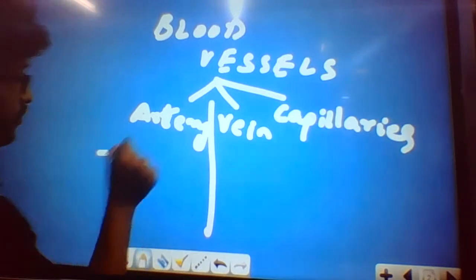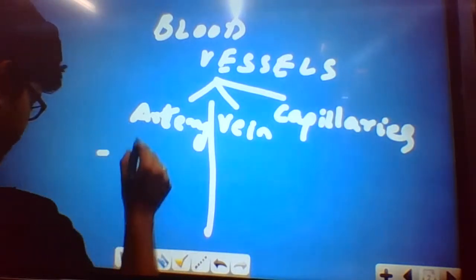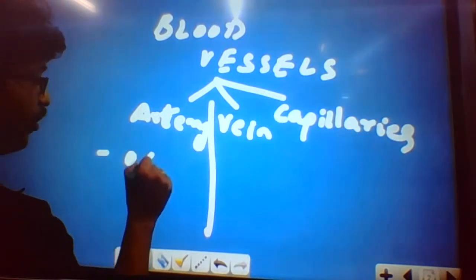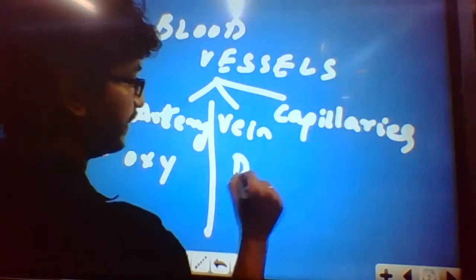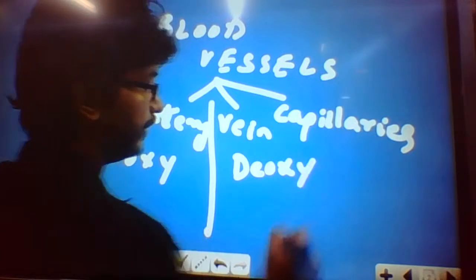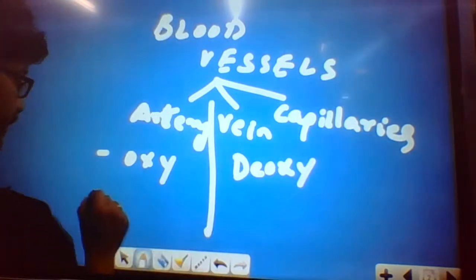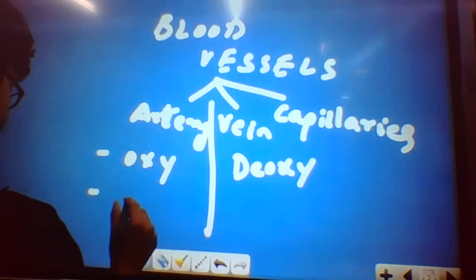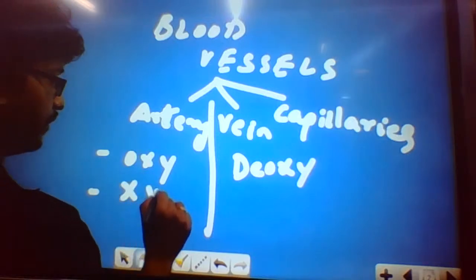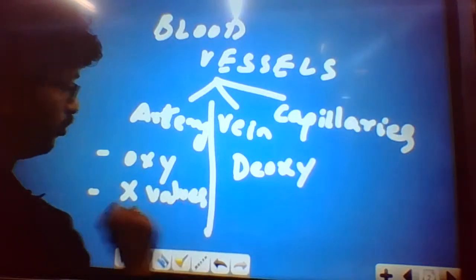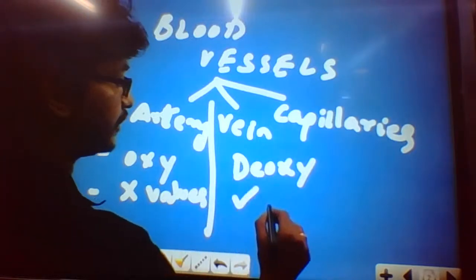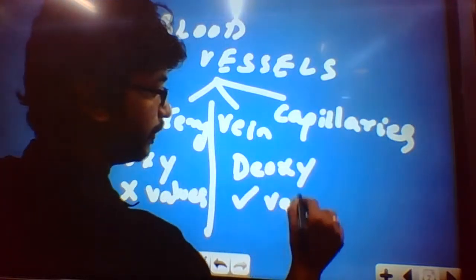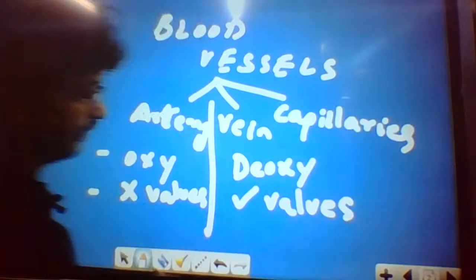When you come to the artery, it mainly transfers oxygenated blood, whereas a vein transfers deoxygenated blood. Fine. And arteries have no valves actually. No valves are present in an artery, whereas in veins you can see the presence of valves inside.